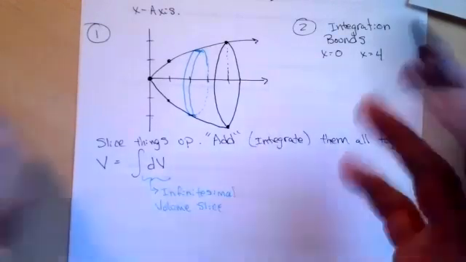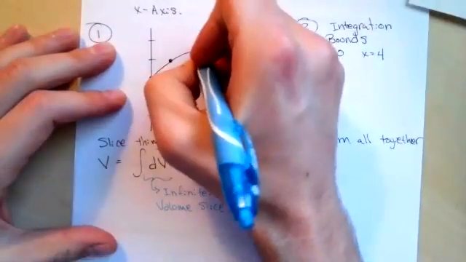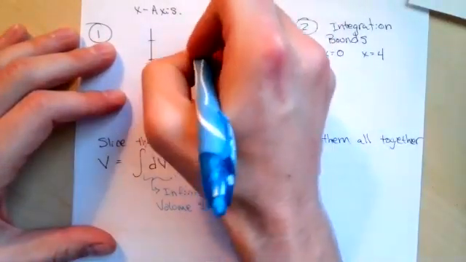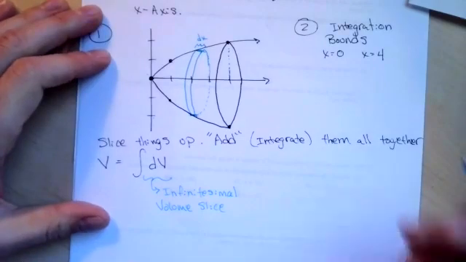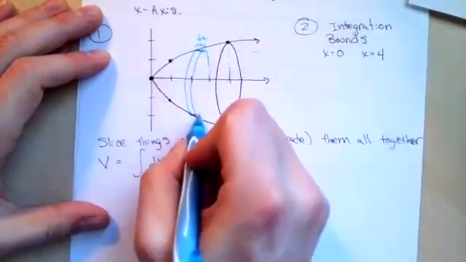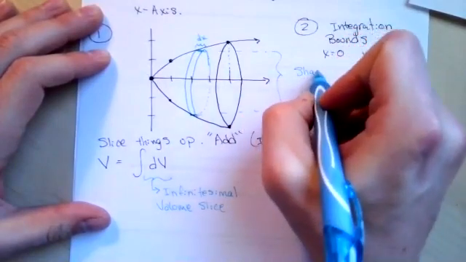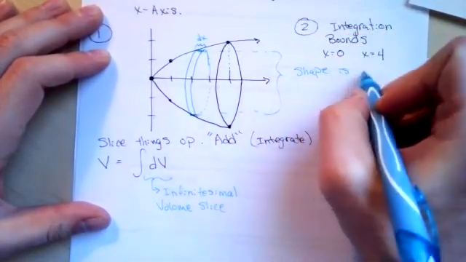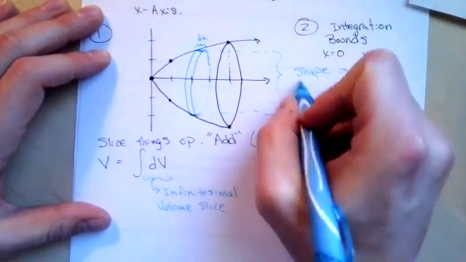And when we cut it up in such a way, the width, of course, nicely enough, is just dx. But then the shape is just a nice little disc.